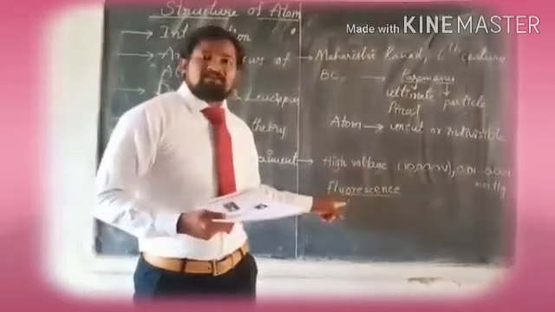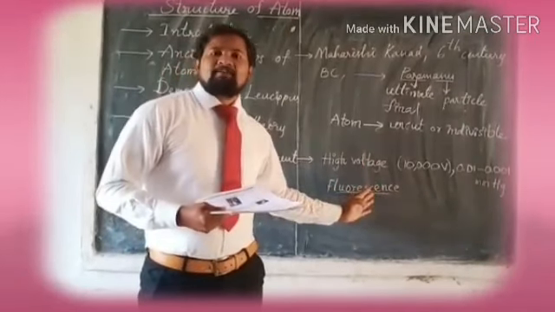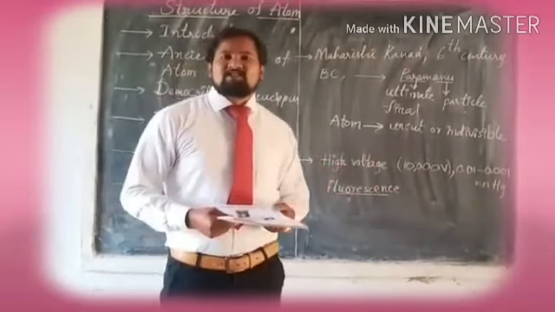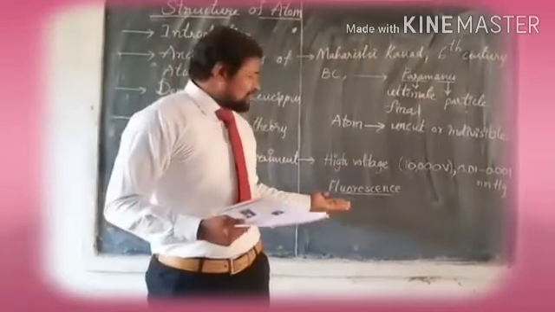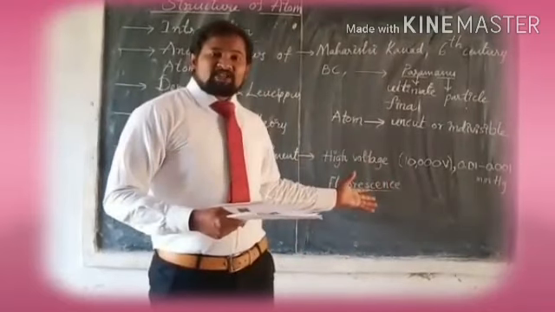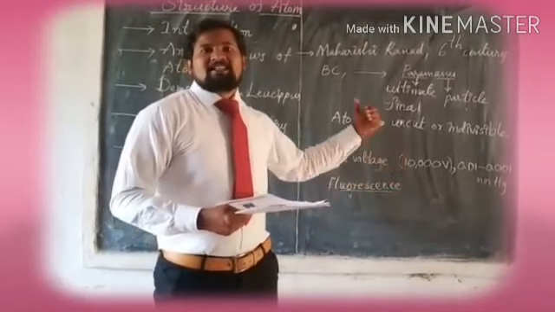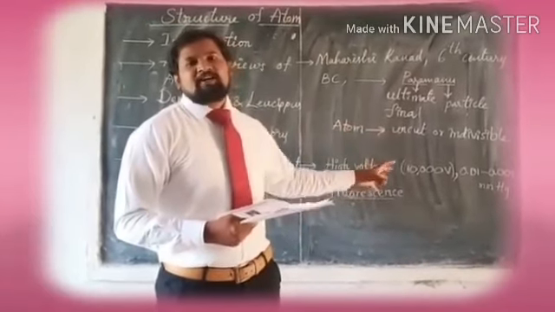We call this phenomenon fluorescence. You know, fluorescence and phosphorescence are two phenomena. Phosphorescence is itself glowing, whereas fluorescence is not like that. Here some external electric field is required to be supplied; then only the electric spark will be produced.